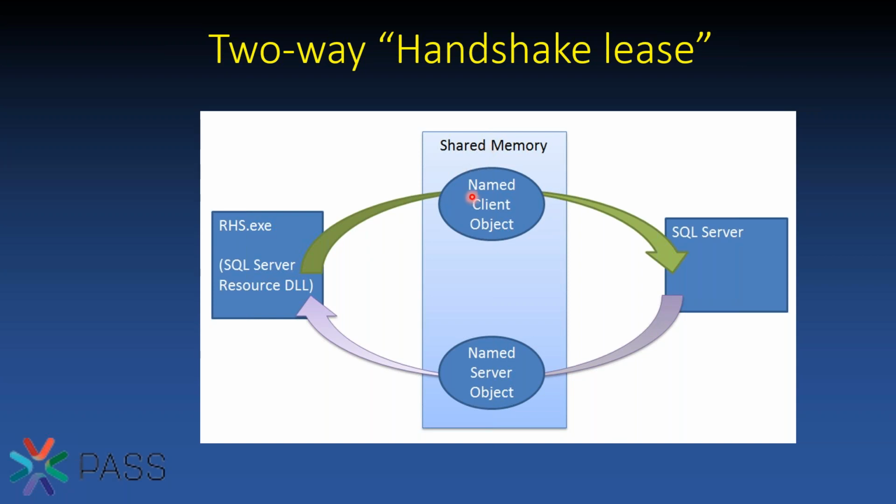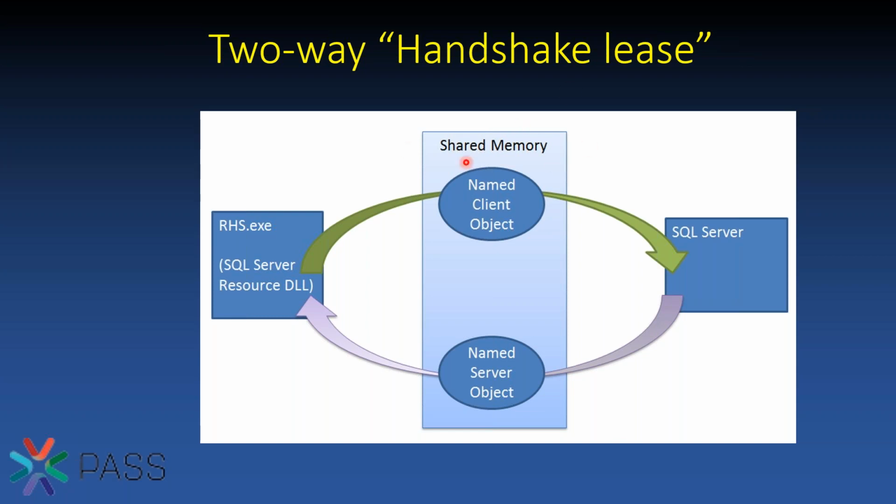If you've ever used shared memory to connect to SQL, like with SSMS, that in fact is doing that. There's some memory that's shared between SQL and the client so that we can be faster in getting data back and forth from the client to SQL.